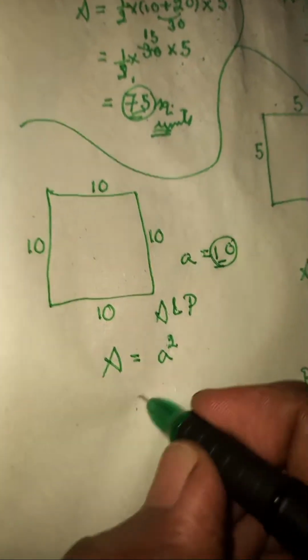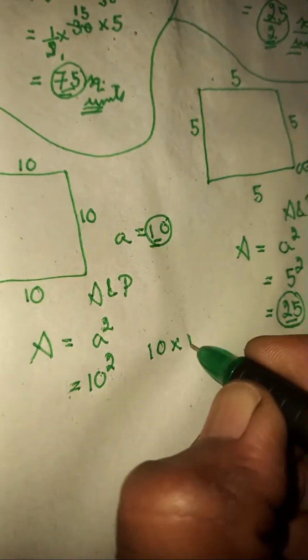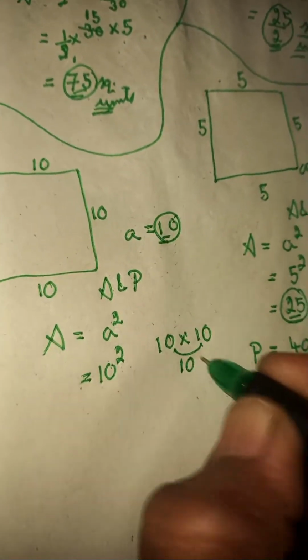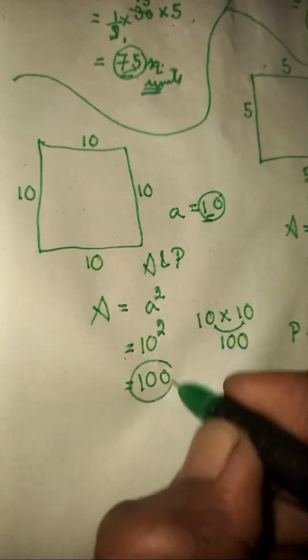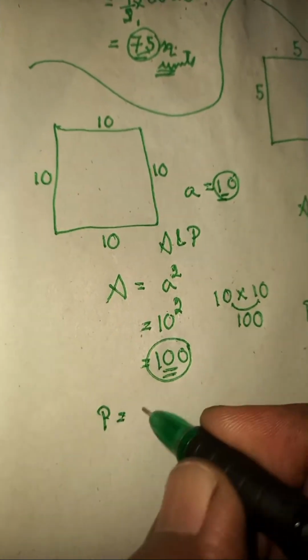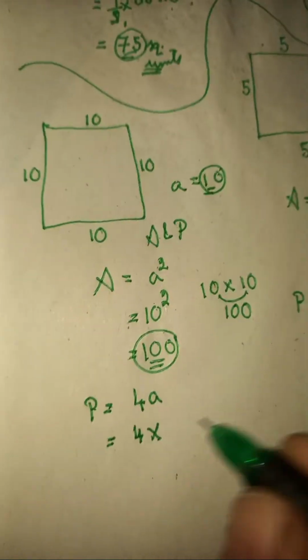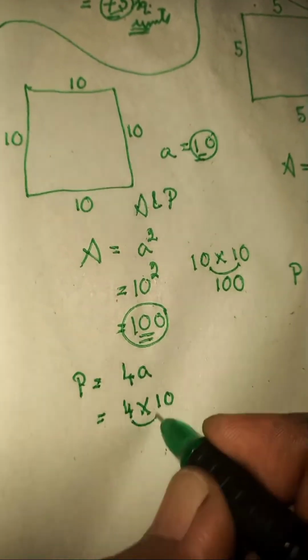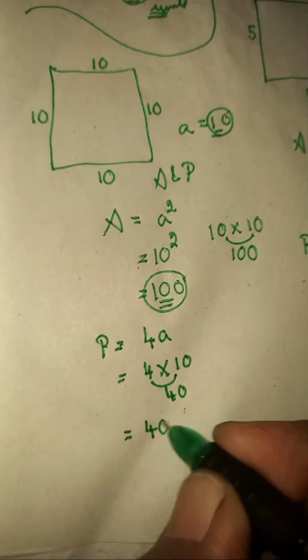Going to get here 10 squared. 10 squared means 10 times 10, which is going to become 100. So it is 100 square units. And the perimeter is 4a, that means 4 times the side length 10 units. 4 times 10 means 40. The perimeter is going to become 40 units.